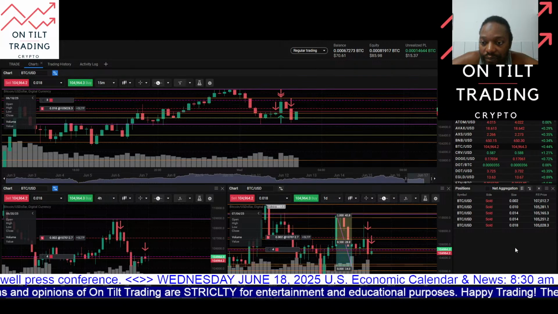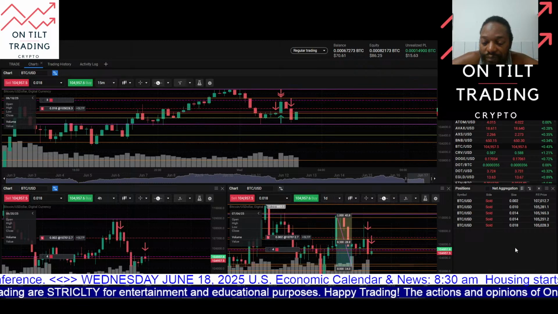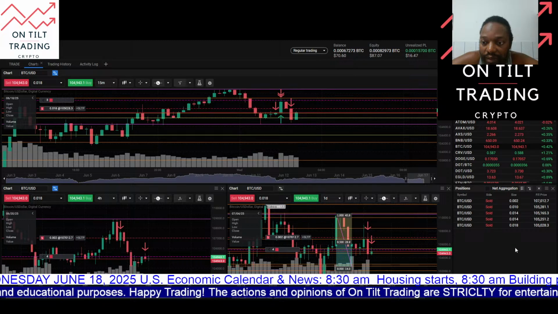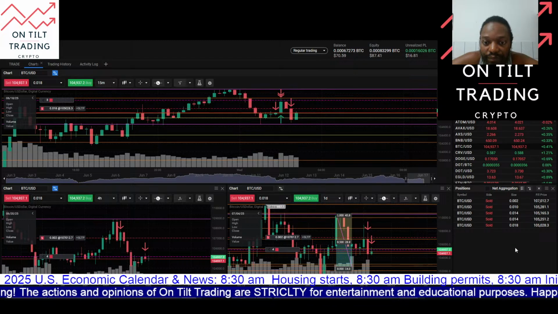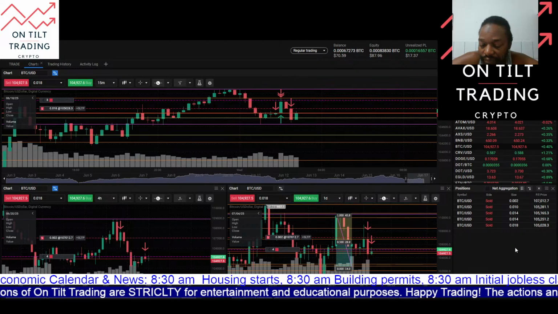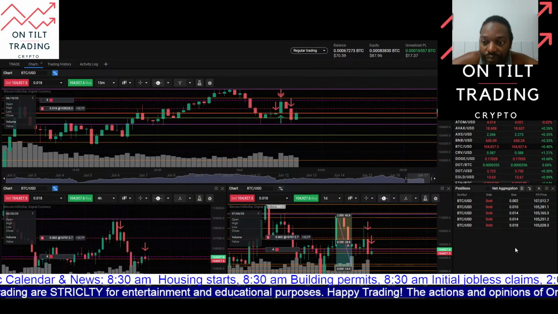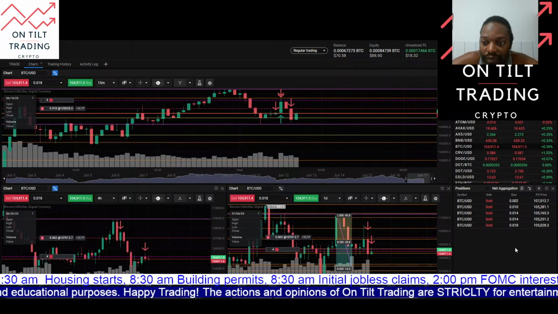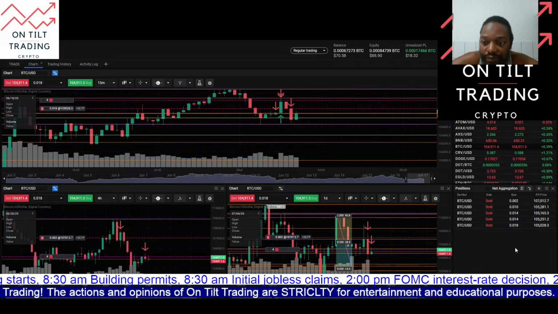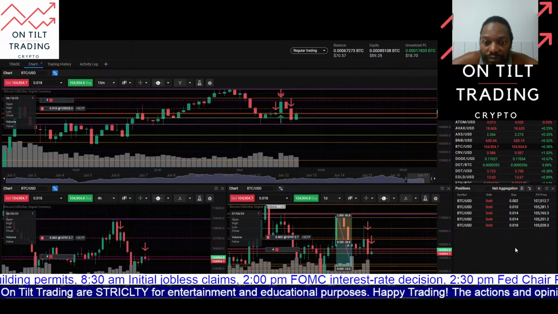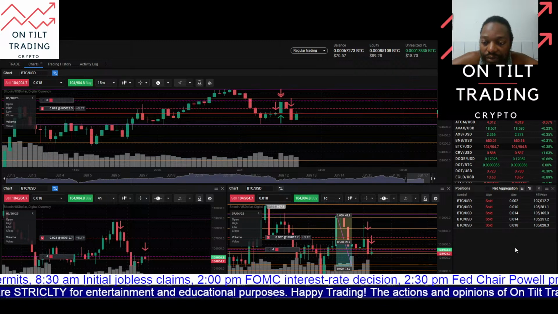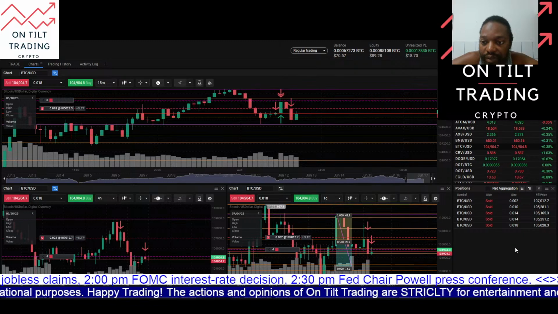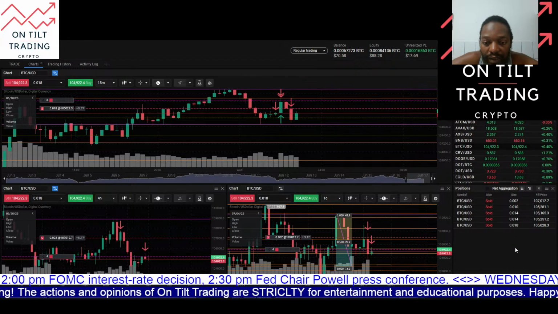Price holding. Now sell side delivery. Price trading back at the reaction level, trading through the reaction level back to the 104,900 level and consolidating.